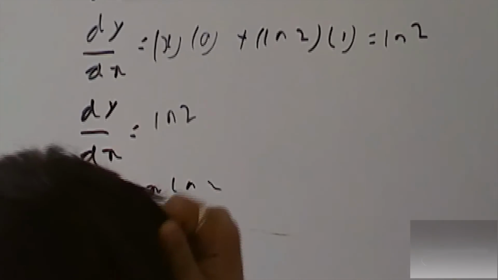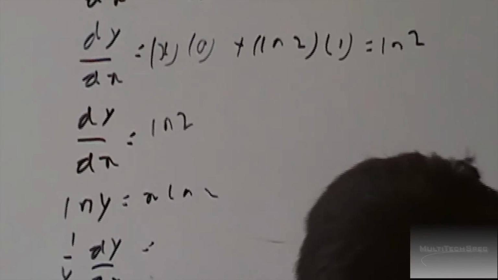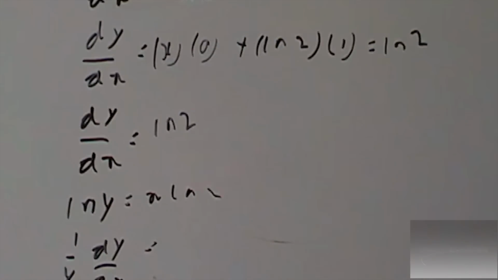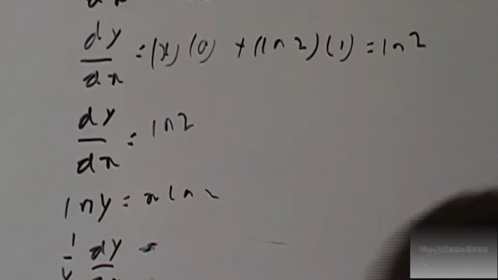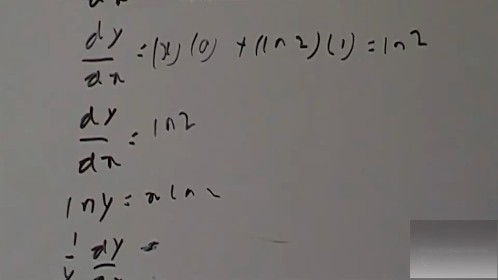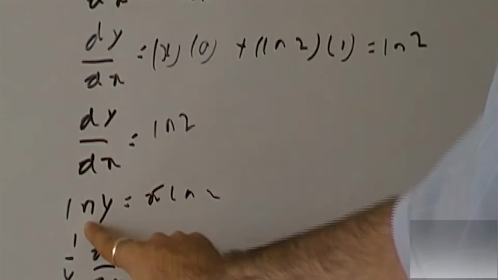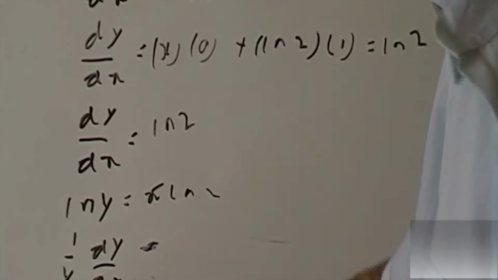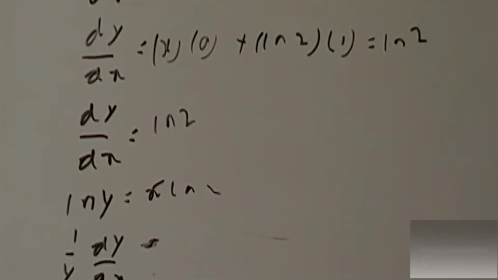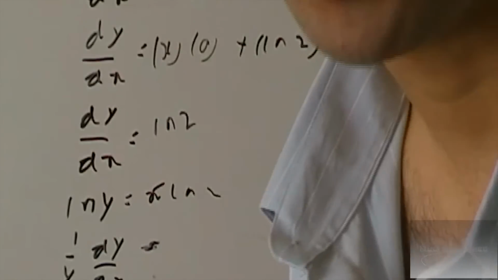Differentiating that side of the equation, ln y, what I'm trying to say is we get 1 over y dy by dx, because if you look in your textbook, it will say ln x differentiated is 1 over x. So applying that rule, what we get is 1 over y dy by dx. It makes sense, doesn't it?